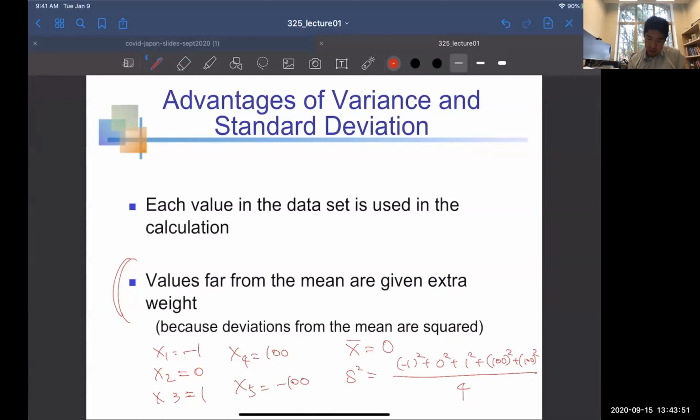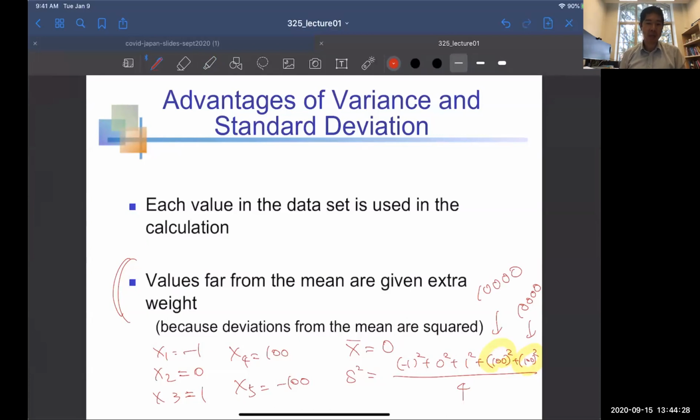But note that 100 is a much bigger number than 1 in terms of magnitude of deviation, and you're going to square it. So when you compute the variance, the outlier or extreme value is going to have a huge impact on the variance because you're going to take a square.